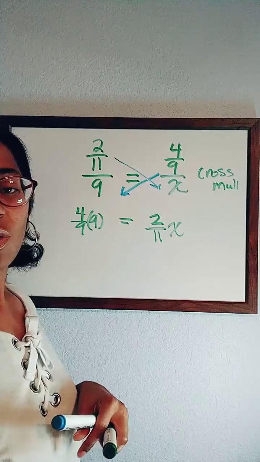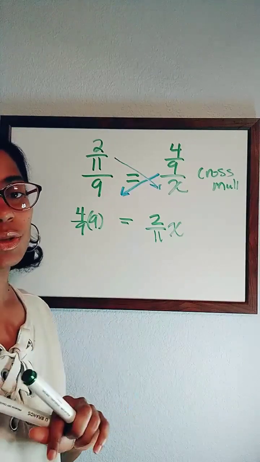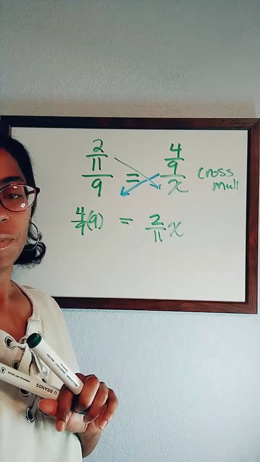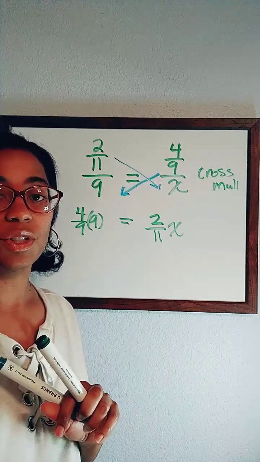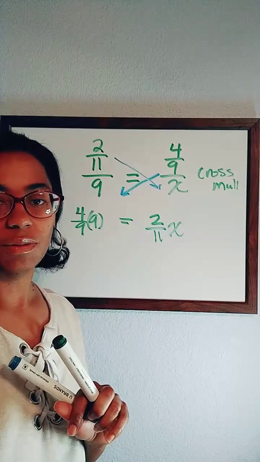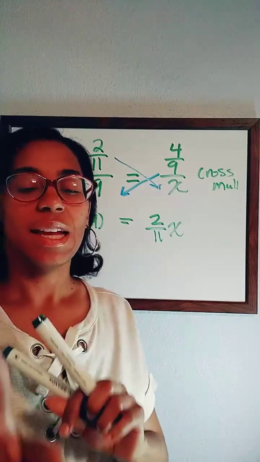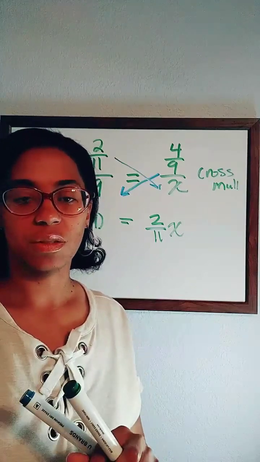Okay, Shaprisa, so help me. I don't want to lose you, so what do you need me to repeat? First of all, I'm going to ask you, how do we solve proportions? Anytime they give you a proportion, what do you do to solve it?